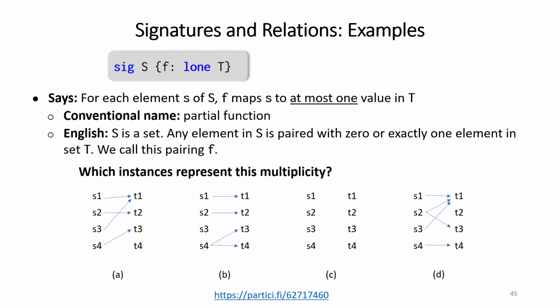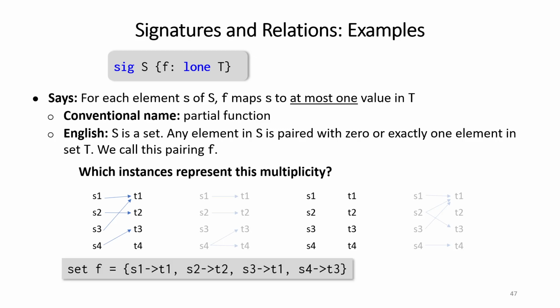So this would mean that our list would have two header nodes, which is not really possible. Here each one is mapped to 0, which is fine. So we could have our 4 lists and they all don't have any header associated. And here again, we have this violation where S2 is mapped to 2 nodes. Okay, so these two, A and C, are correct.